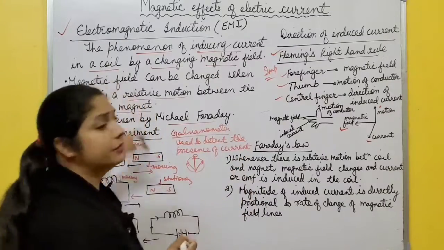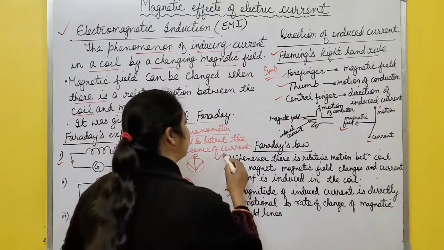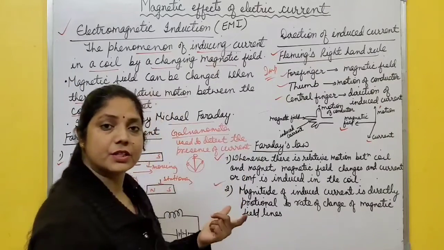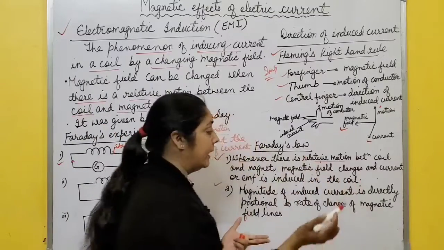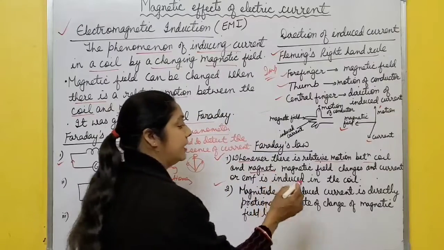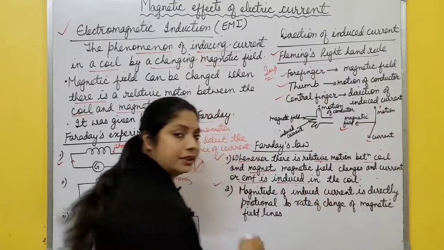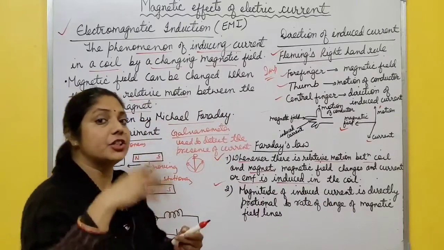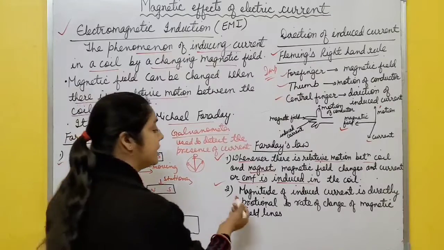Now on the basis of this observation, there are two laws of Faraday, right? Faraday's first law and Faraday's second law. Faraday's first law is whenever there is relative motion between what? Coil and magnet, the magnetic field changes, right? And due to that change in magnetic field, current or EMF is induced in the coil. And the greater the change in magnetic field, the greater the EMF or current produced in the circuit. This is the second rule.